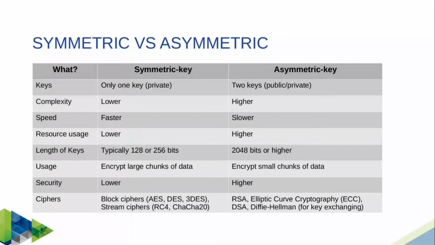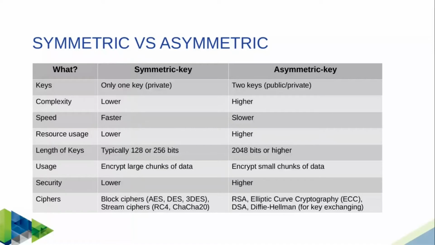In the end, we have some examples of the most common algorithms. For symmetric keys, we can have block ciphers and stream ciphers. That's the way the algorithm works: encrypting by blocks or bit by bit. The most common block cipher is AES, and for stream ciphers, I really don't know what is the most common.